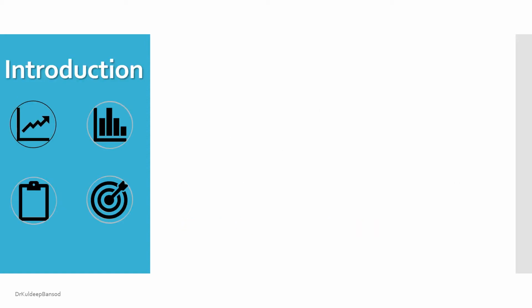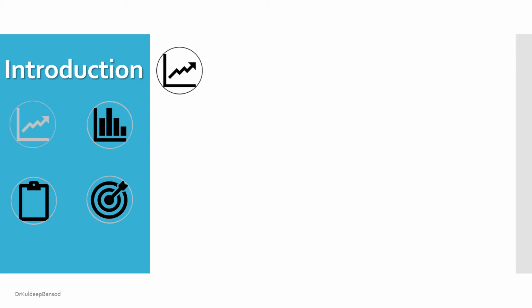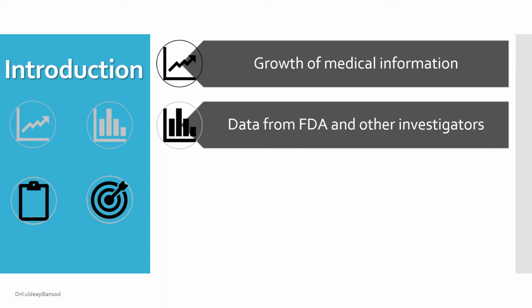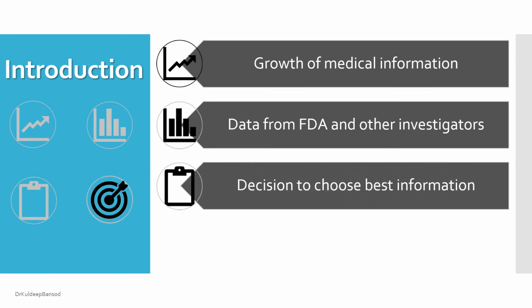In today's globalized world, there is tremendous growth in medical information, as well as tremendous data available from the Food and Drug Administration and other investigators around the world. So the physicians or the hospital staff are confused about how to choose the best information source and which source they should rely on.